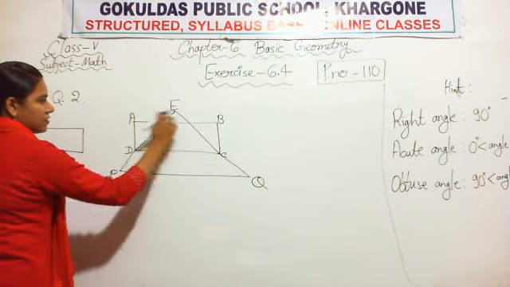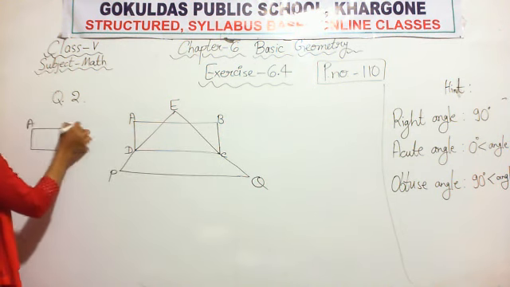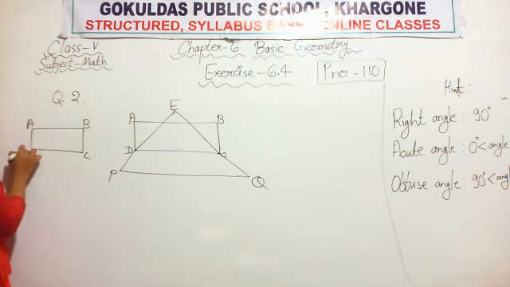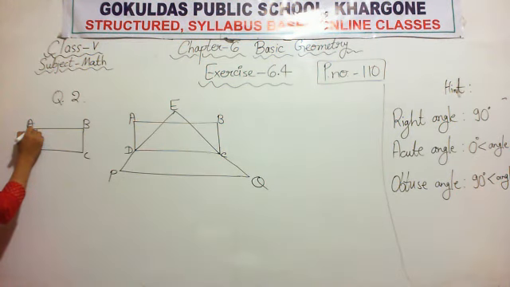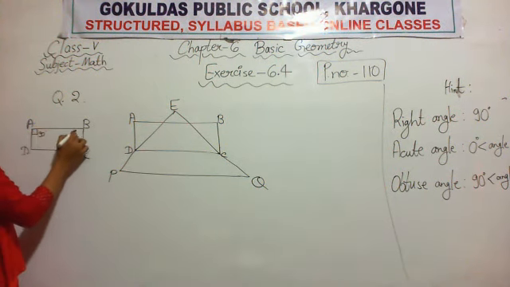So if I separate the rectangle, only observe this rectangle ABCD. Here line AB is perpendicular on line AD, means it is 90 degrees.